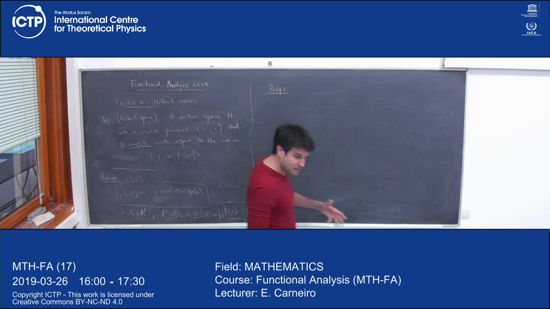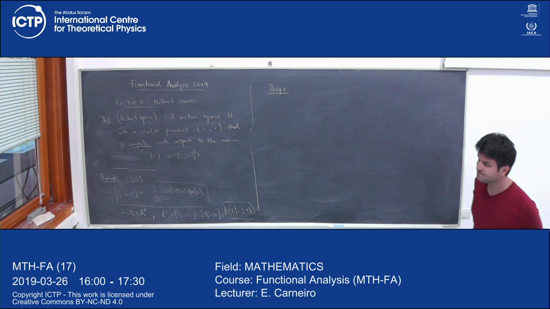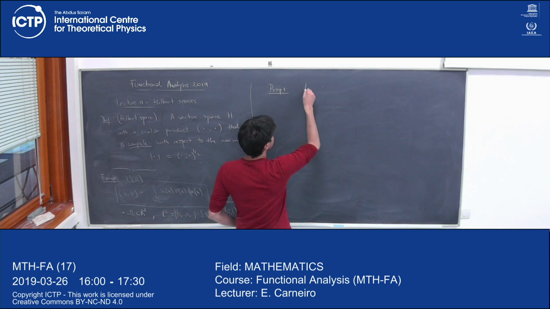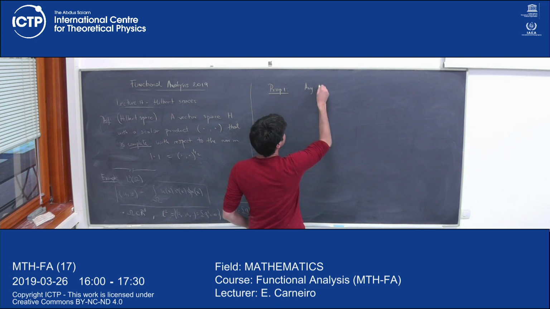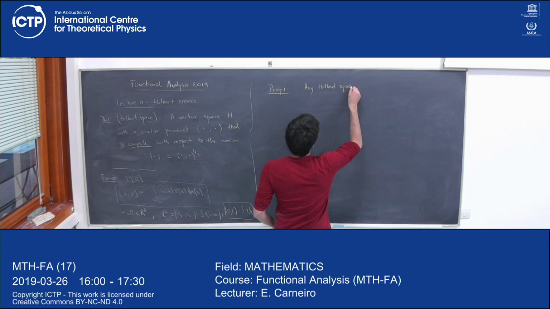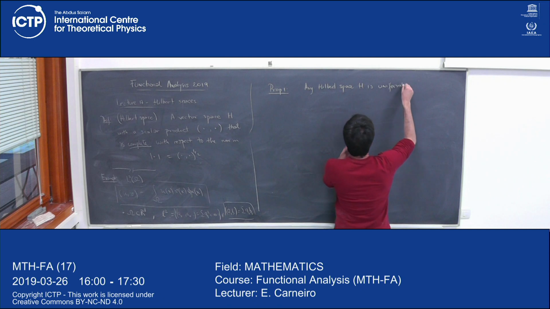So now let's capitalize a bit on what we know. First proposition: any Hilbert space H is uniformly convex.